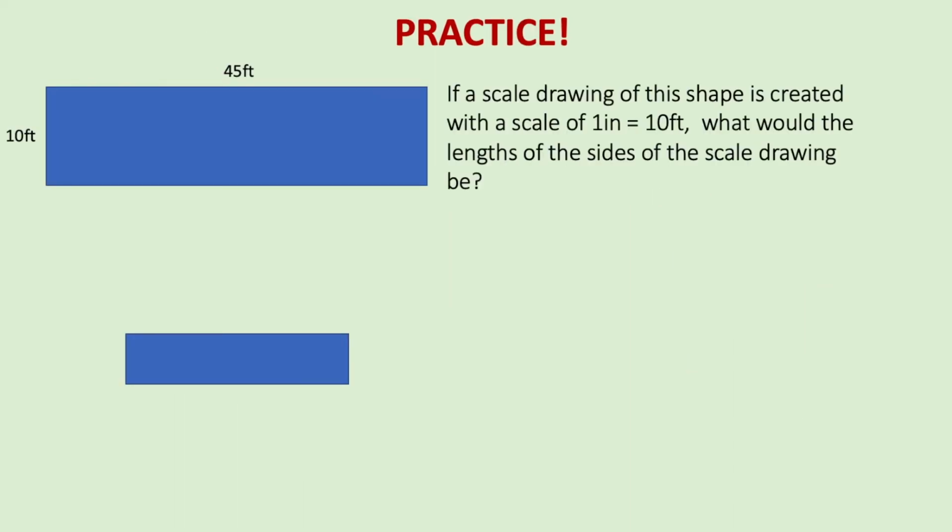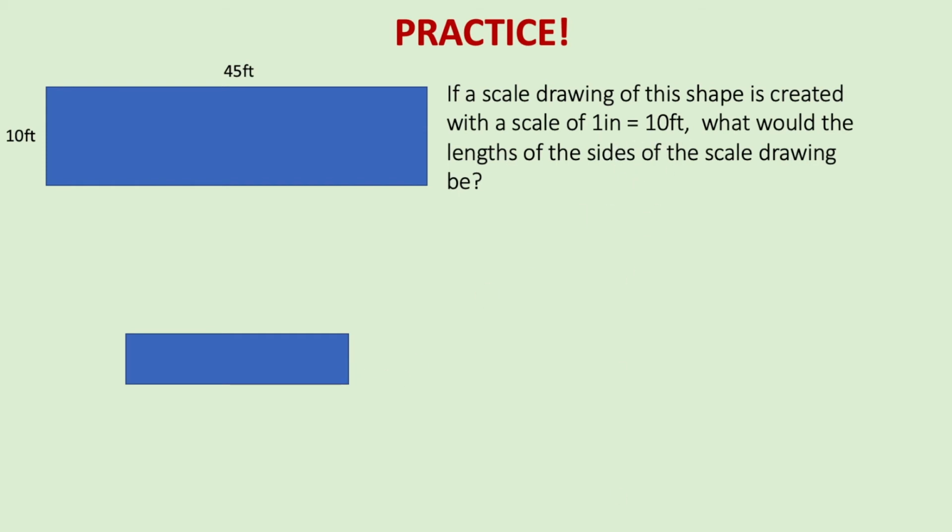So if a scale drawing of this shape is created with a scale factor of 1 inch equals 10 feet, what would the lengths of the sides of the scale drawing be? This rectangle has one side that is 45 feet long and another side that is 10 feet long. And we are going to create a scale drawing of it using the scale of 1 inch equals 10 feet.